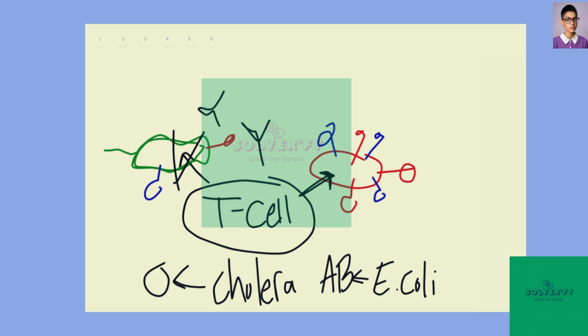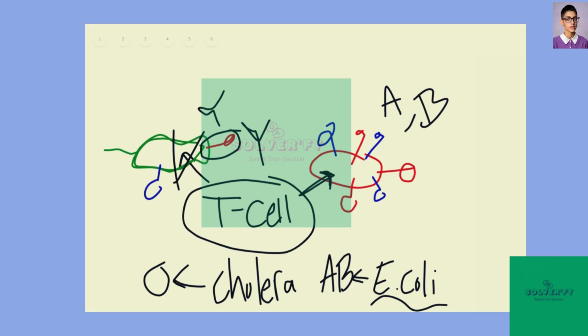And so what kind of data would we need then to test this reasoning? Well, one thing would be to also investigate the susceptibility of type A or B against E. coli, right? Because if that is the case, where if it's just one of them, then that other blood type may also show increased susceptibility.